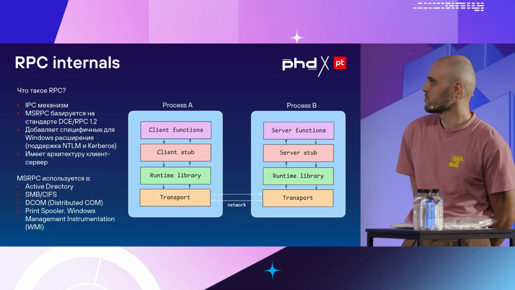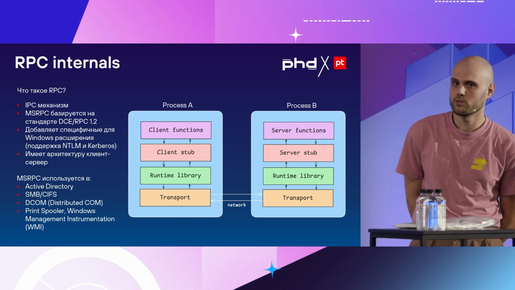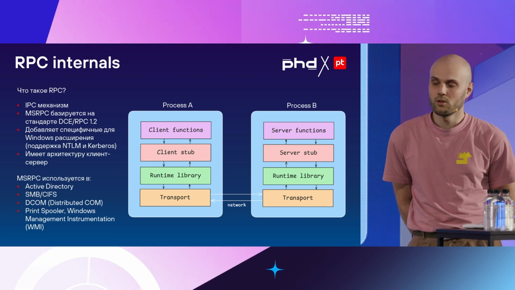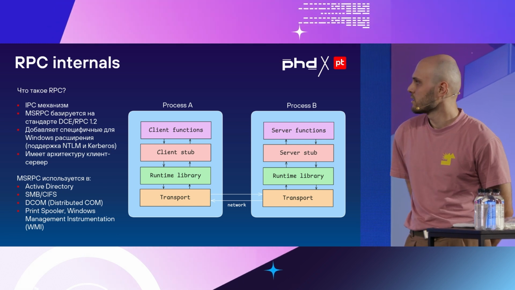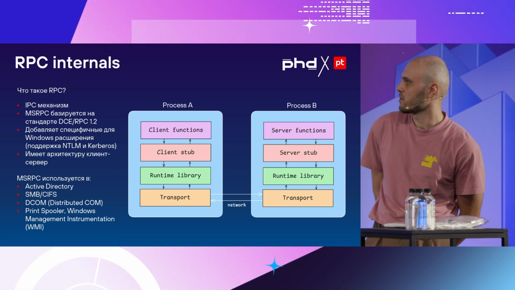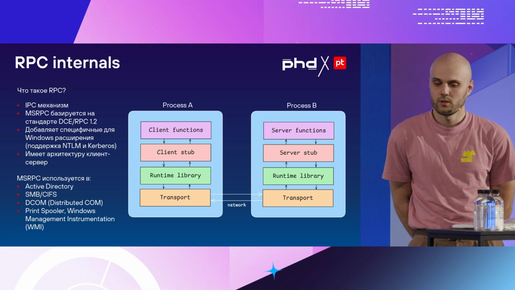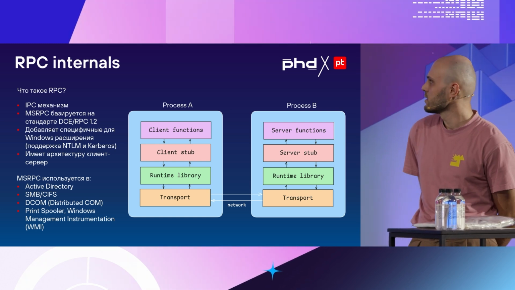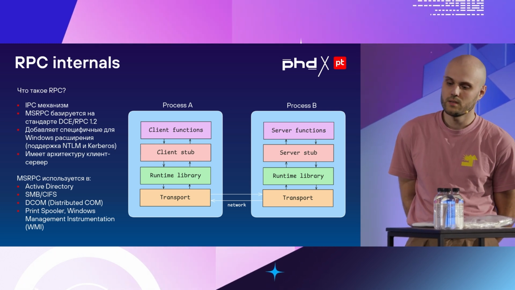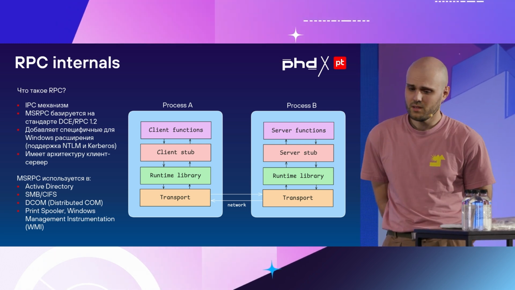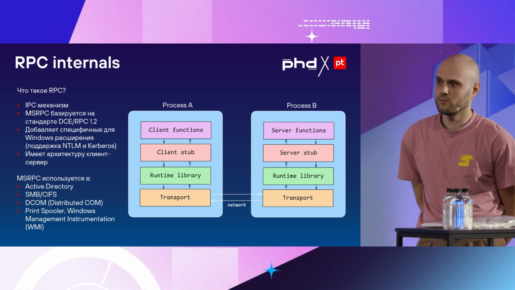And currently, this protocol is very deeply integrated in Windows and is used in pretty much all the components of Windows. It also has a client-server architecture. So here's a diagram of how two processes use RPC to communicate.